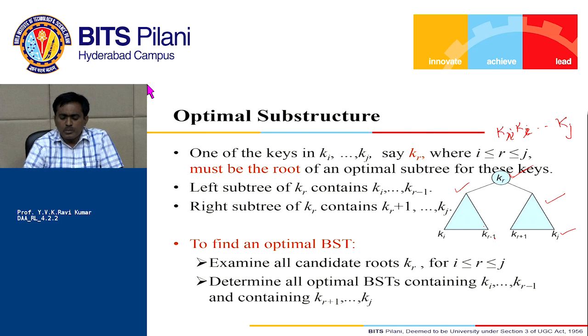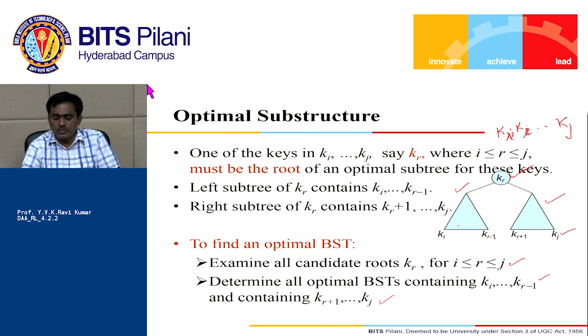Now how to find the optimal BST from this? Examine all candidate roots kr for given i less than or equal to r less than or equal to j. Then find all optimal binary search trees containing ki to kr minus 1, and also kr plus 1, kr plus 2, and so on up to kj. That means we go further and consider the left subtree, and repeat the same procedure.